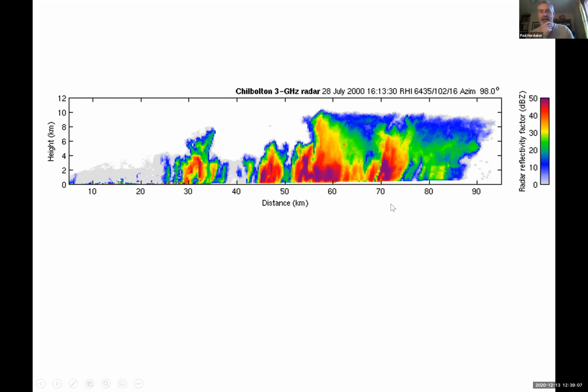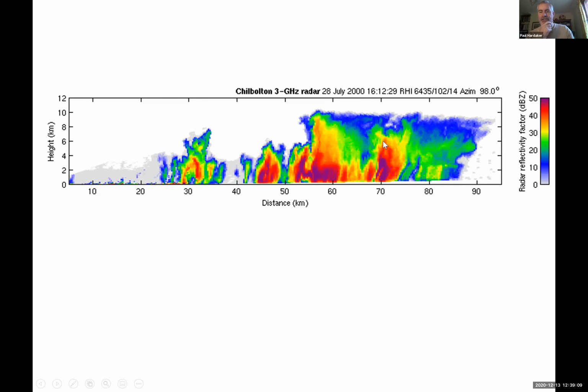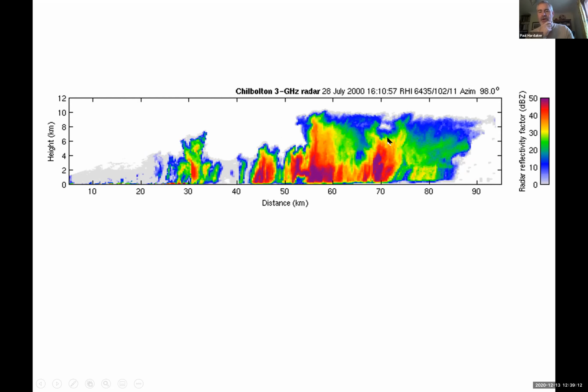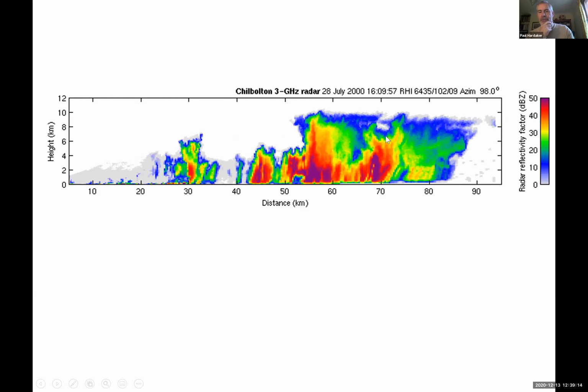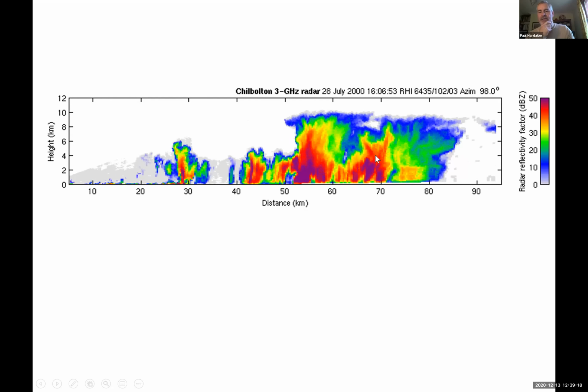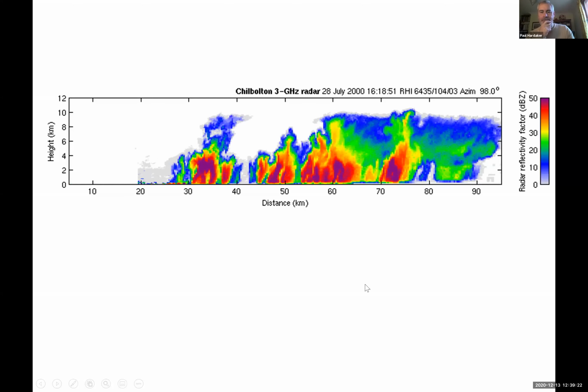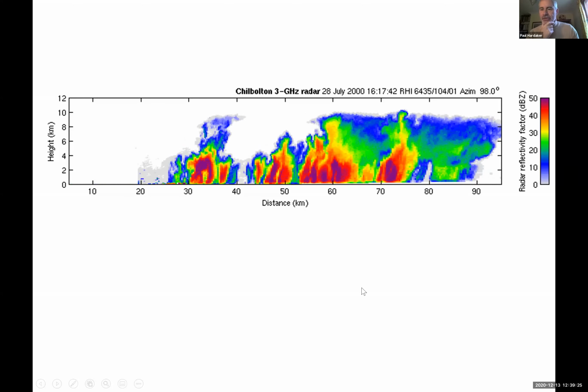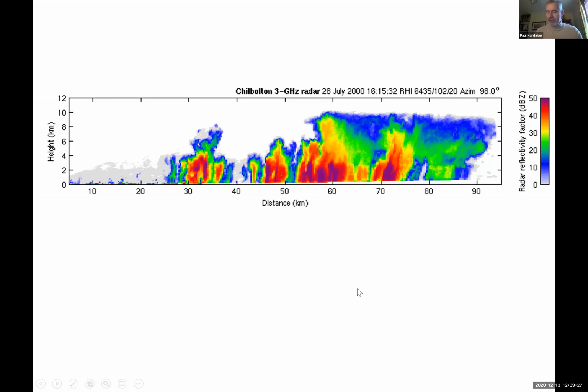But if you look carefully, where you can see the heat pushing up through these cells, you can see the convection rising up towards the tropopause and then hitting the tropopause and spreading out as the convection bursts through the top of the cloud. And of course, the stronger the convection you can set up, the stronger the thunderstorm.